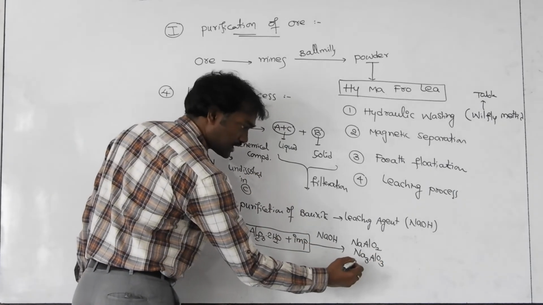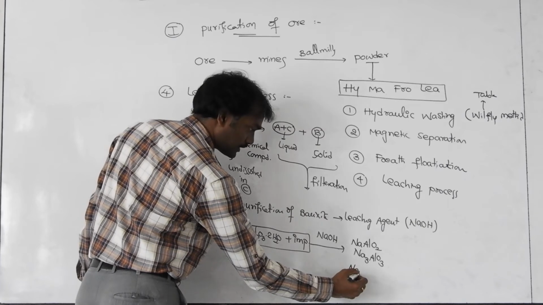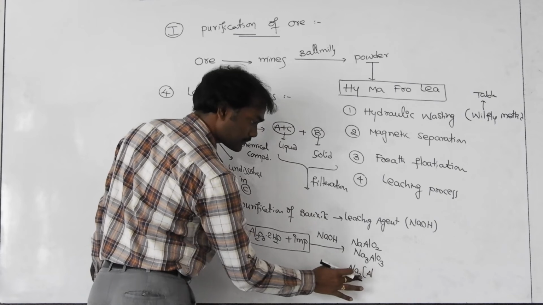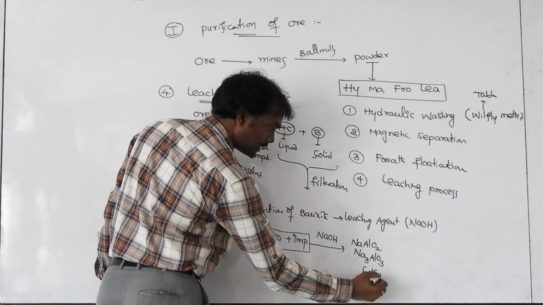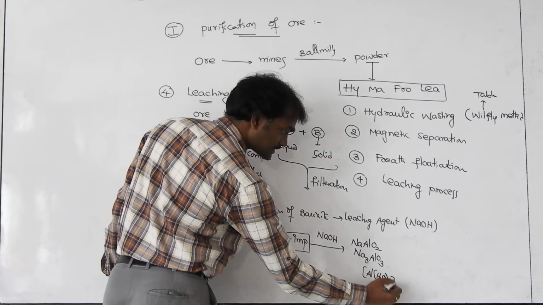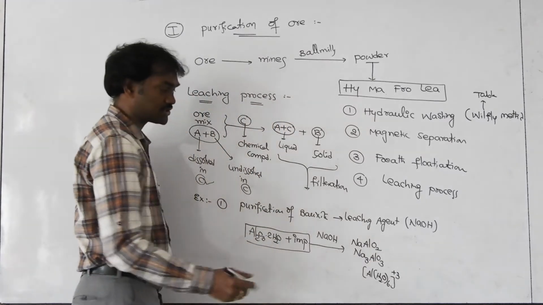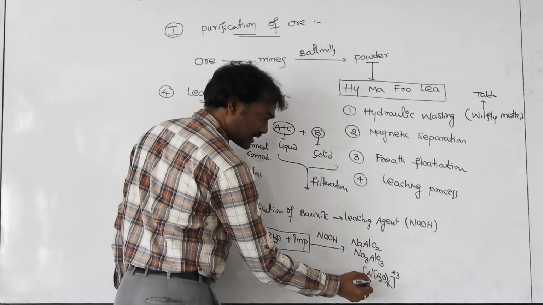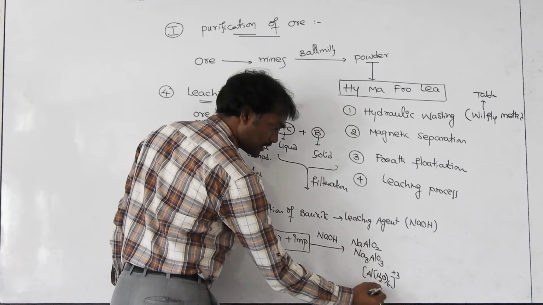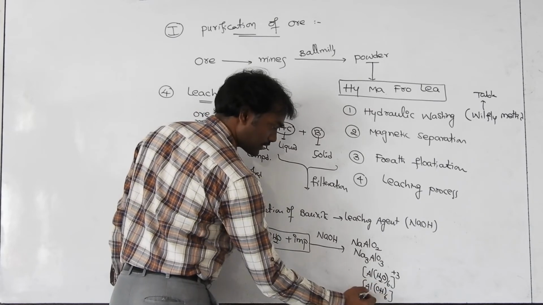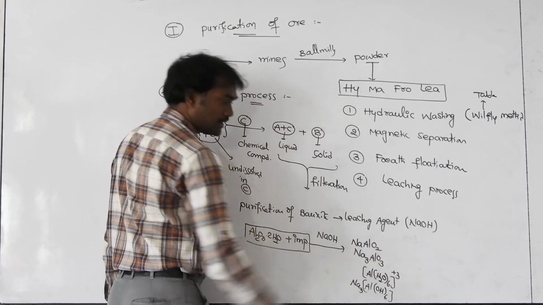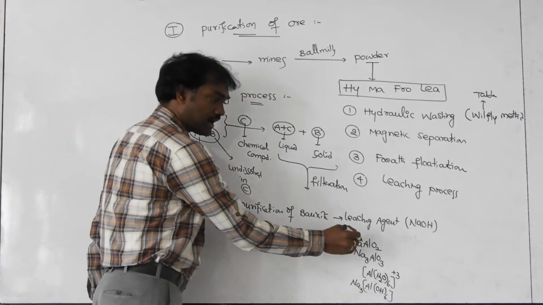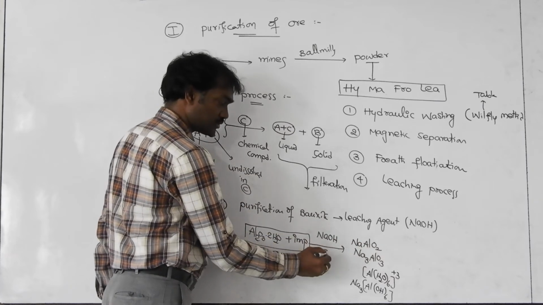Otherwise, if you take a complex, Na with aluminium, aluminium H2O taken 6 3+, a complex compound also. Aluminium with water and hydroxide, otherwise Al(OH)6 with Na3. So many possibilities are there, but these all are dissolved in NaOH solution.